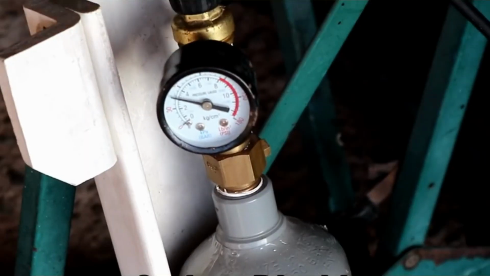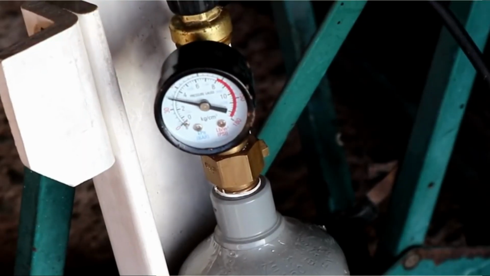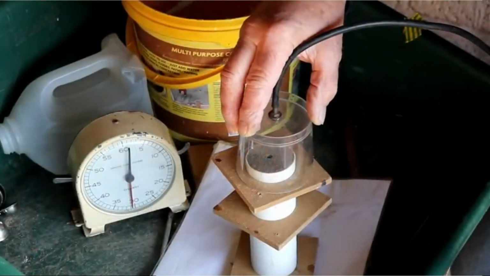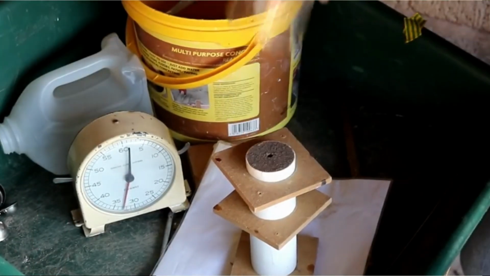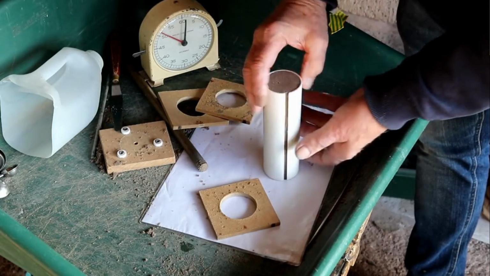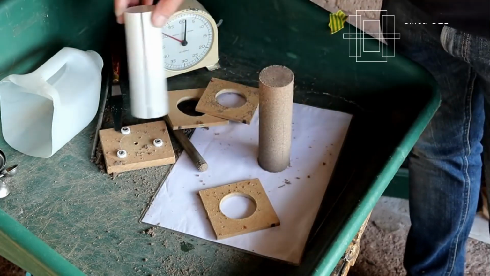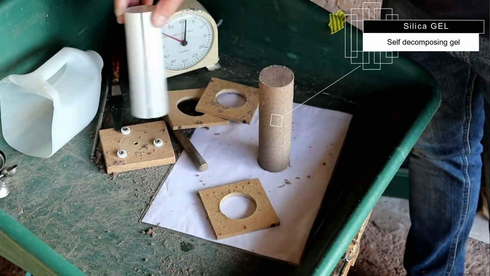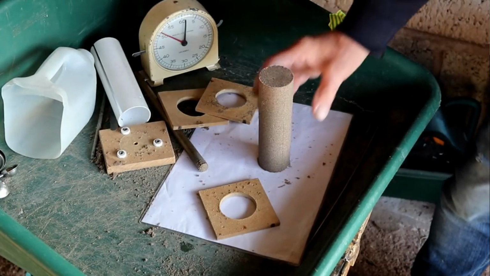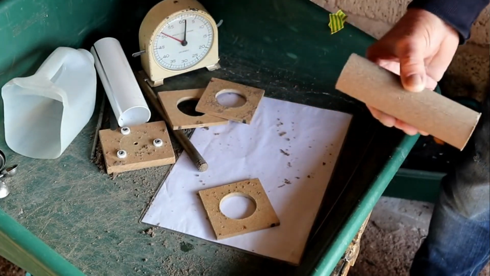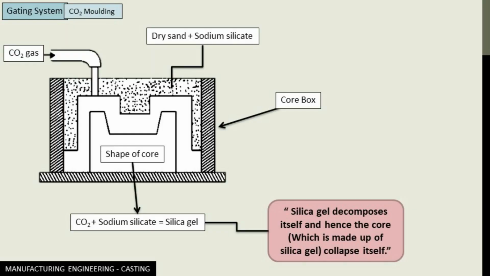After that, carbon dioxide gas is passed through it. This CO2 reacts with the sodium silicate present with the dry sand, and it forms a silica gel. And this silica gel is what the core is actually made of in most cases.